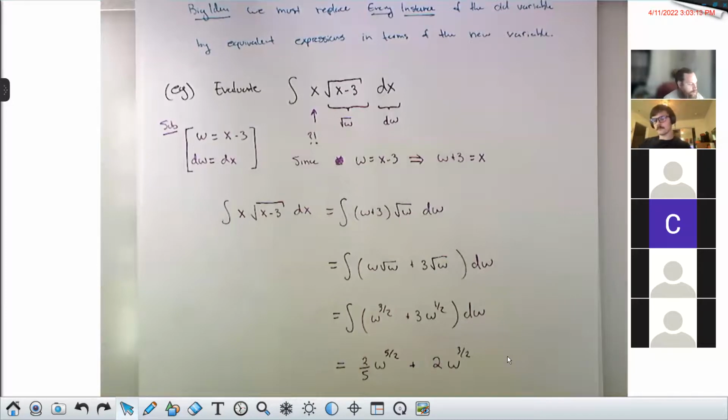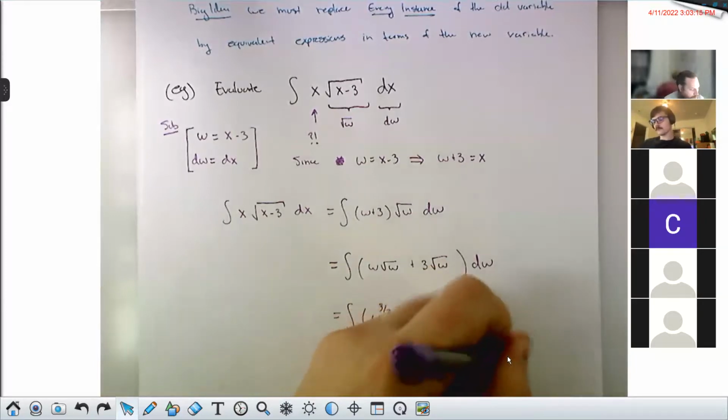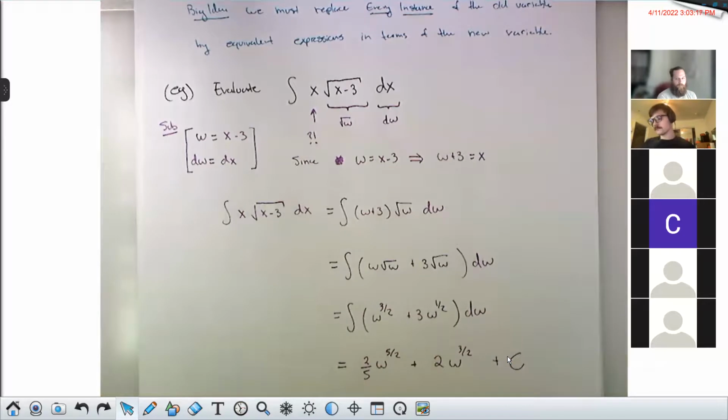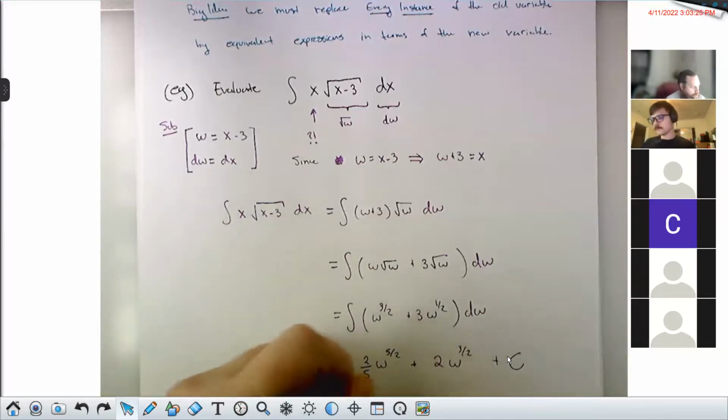And it's at this stage where we write our plus c because there's no more integral sign. And then finally, we can replace by the original variable.